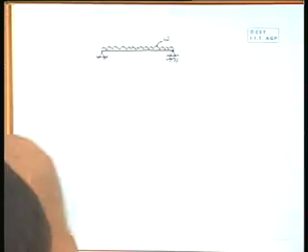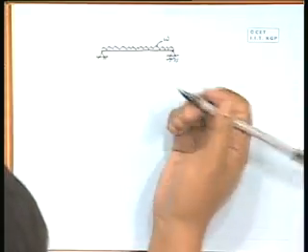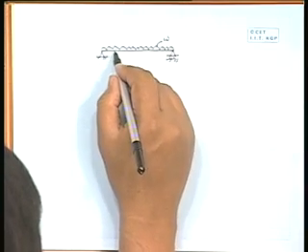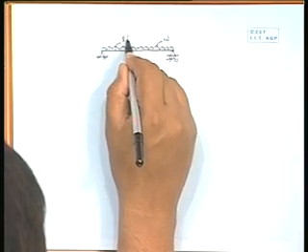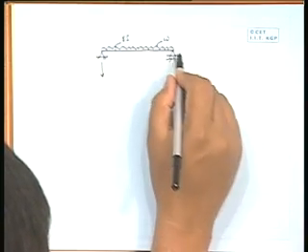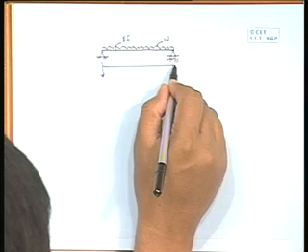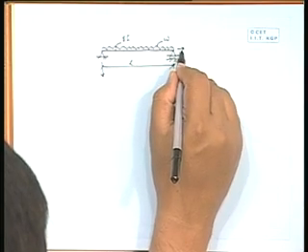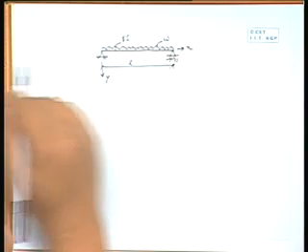So this is a distributed load of intensity omega or W, and the member has some EI, the flexural rigidity. This is the length, this is x, this is y.